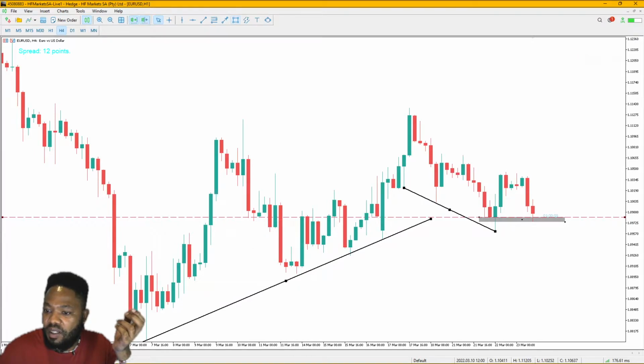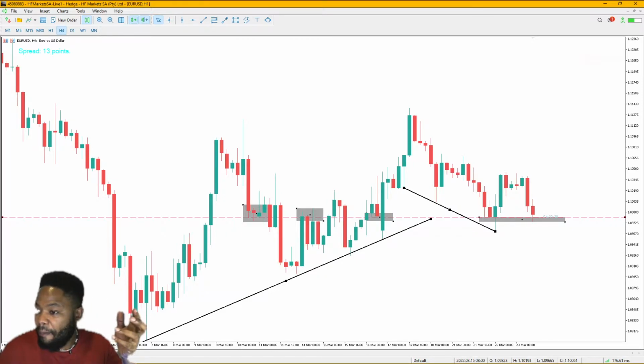There's been resistance in this area, multiple wick rejections from it. So basically this is a very strong area. It's something that we cannot just ignore.